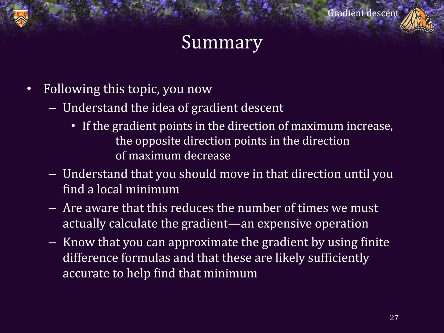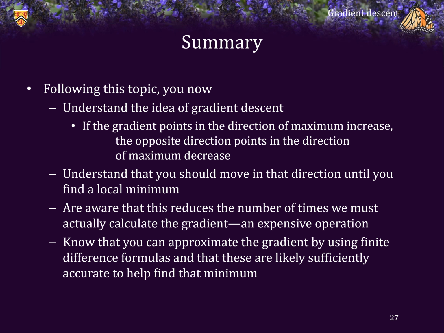Following this topic, you now understand the idea of gradient descent. That is, if the gradient of a real valued function of a vector variable is calculated, it points in the direction of maximum increase at a point. Consequently, at that same point, the opposite direction, the negation of the gradient, points in the direction of maximum decrease.